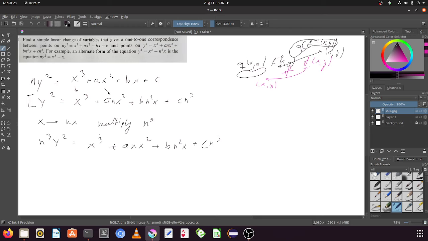So they are obviously alike. And then this needed to become, so if y tends to alpha y, then this n to the third y squared divided by alpha 1 should equal n.